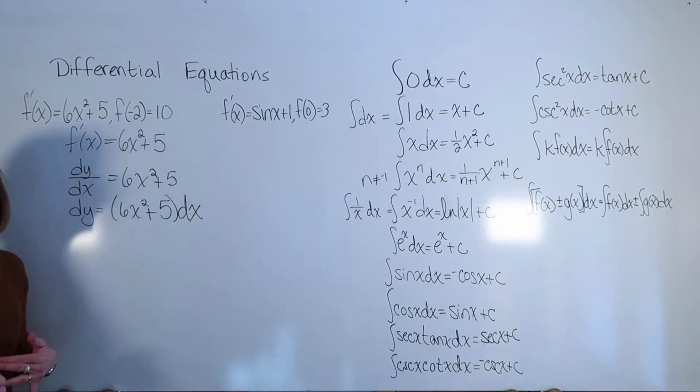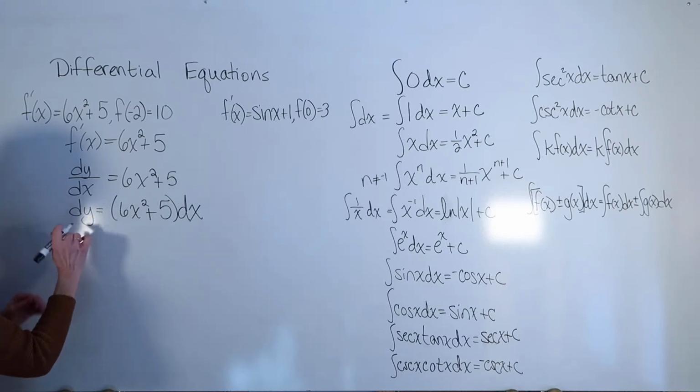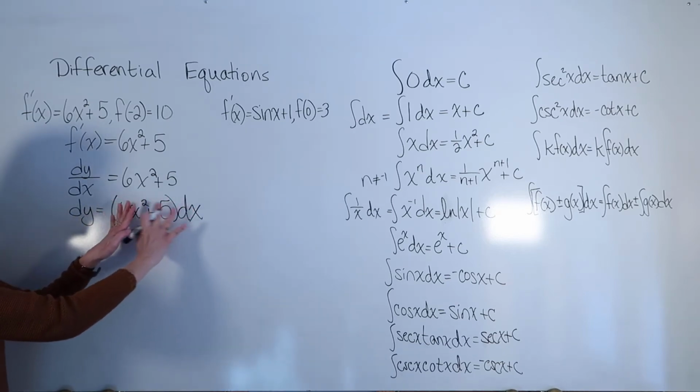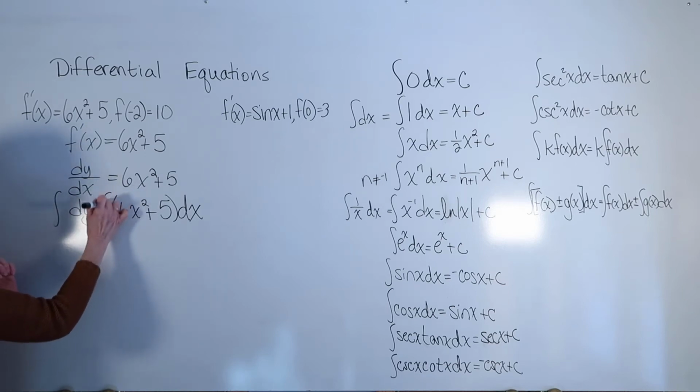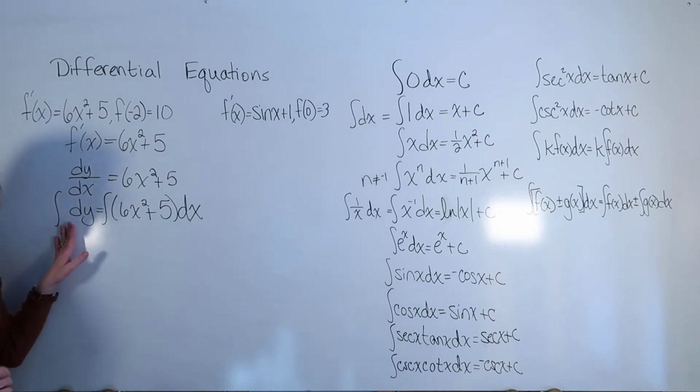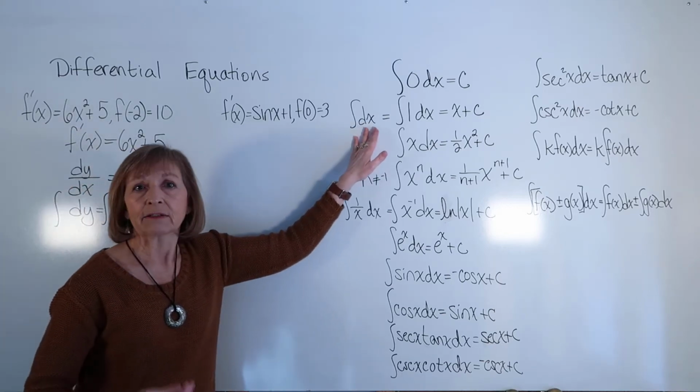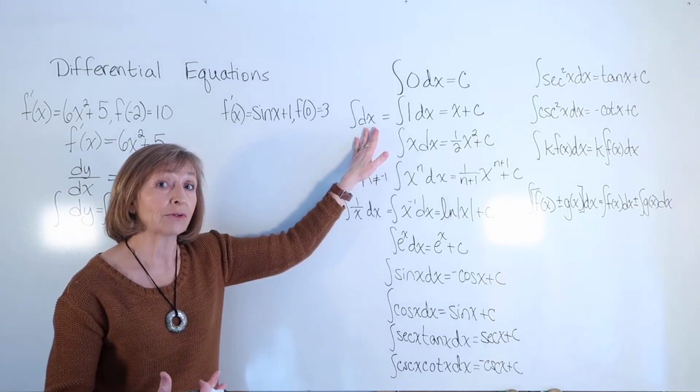Now what we want to do is go ahead and integrate. And we want to recognize again that I have all the x's and the dx on one side and the dependent variable differential dy on the other side. So when we integrate both sides, the integral of dy is just like if I had the situation of the integral of dx.